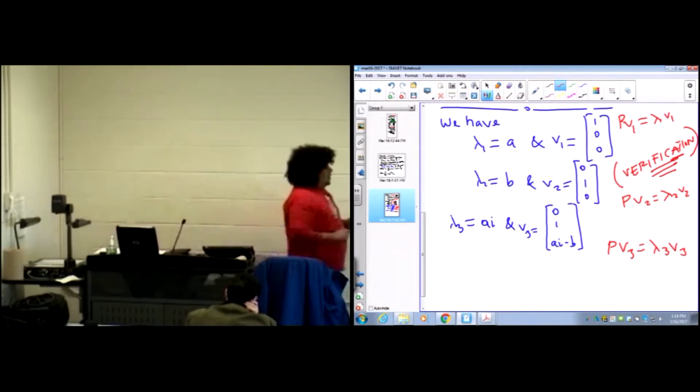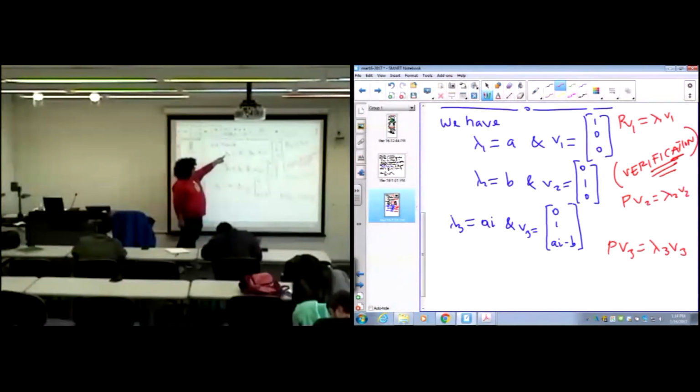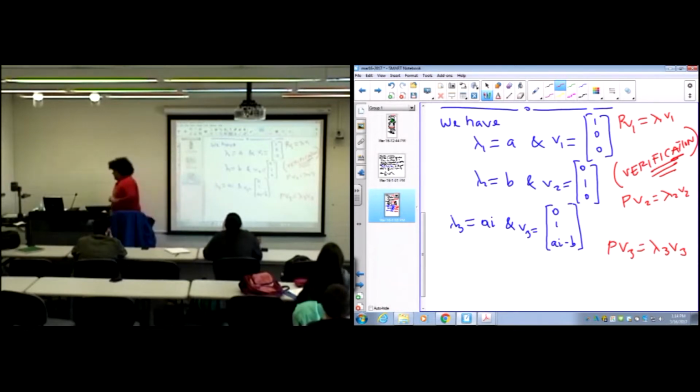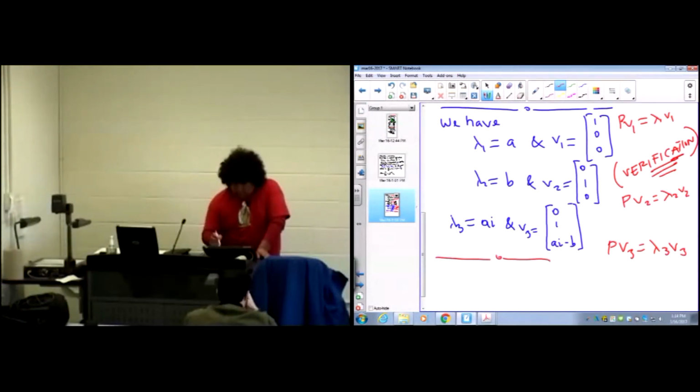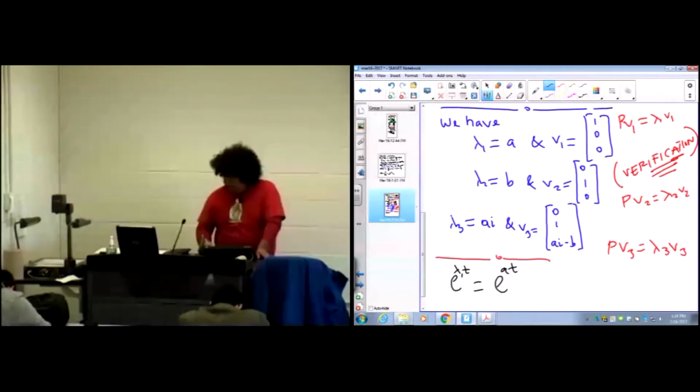Also, the exponential e to the lambda 2 t would be e to the bt. And then e to the lambda 3 t would be e to the IAt.